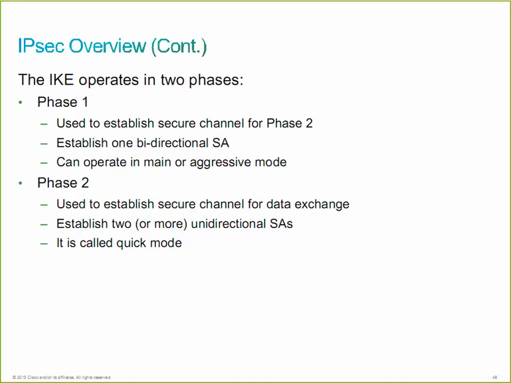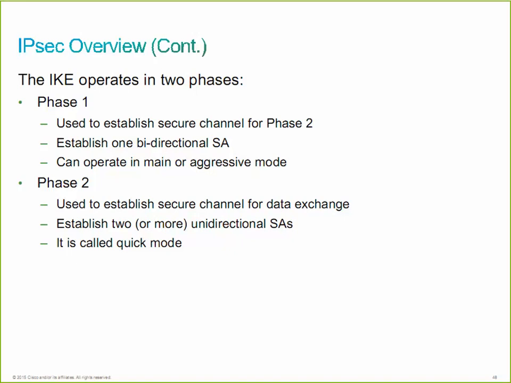Once authentication has occurred, those crypto peers agree on what type of encryption algorithm they're going to use, what type of hashing method they're going to use, the lifetime of the cryptographic process, whether it's a data lifetime or a time lifetime, and the key exchange method that's going to be used. In other words, what kind of Diffie-Hellman key exchange method are we going to use, and so on. All of these parameters get negotiated, and then the peers establish a bidirectional security association.